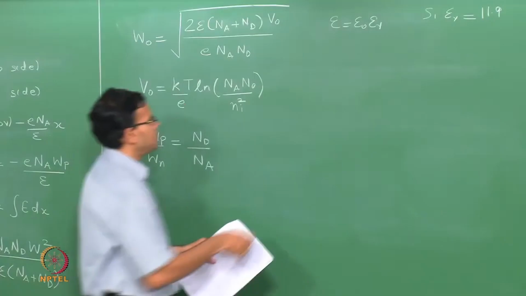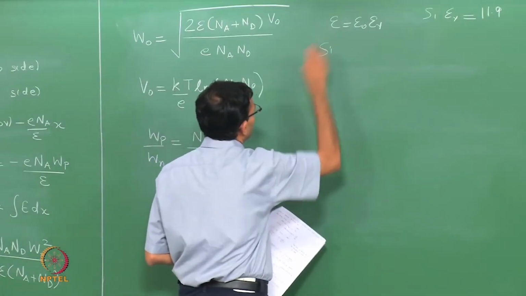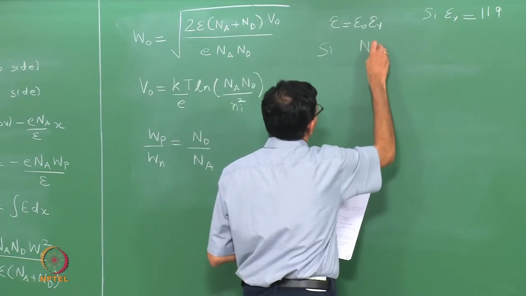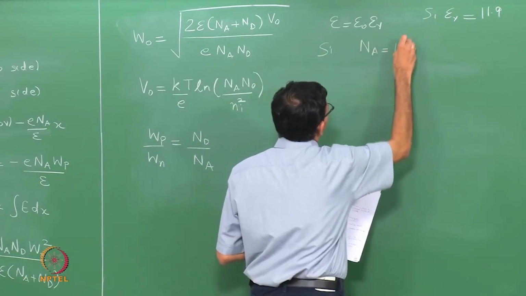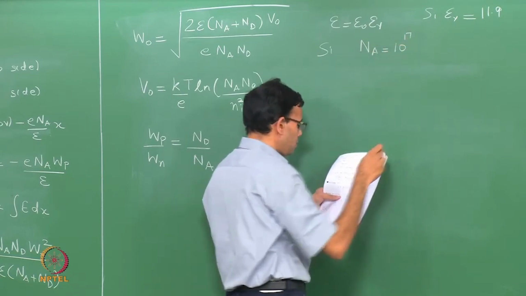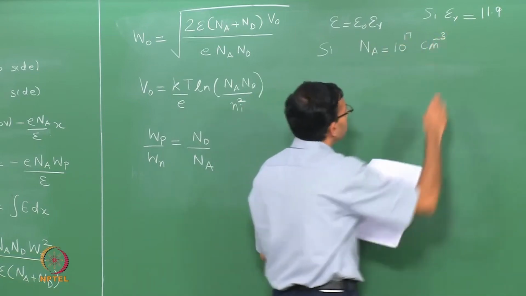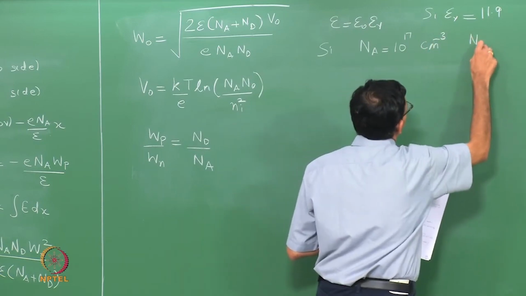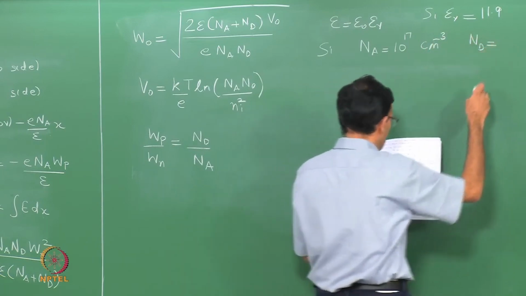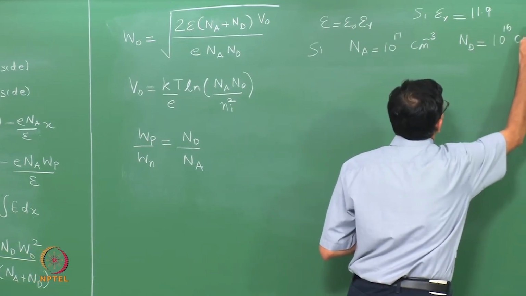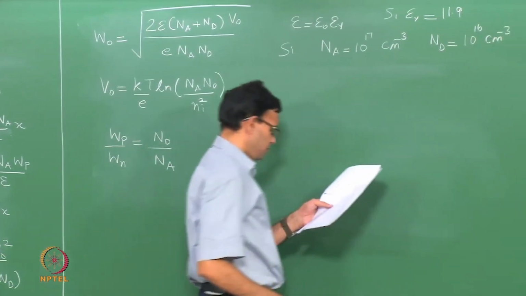So, we will take the example of silicon with acceptor concentration Na equal to 10 to the 17 per centimeter cube, and donor concentration is 10 to the 16 per centimeter cube.